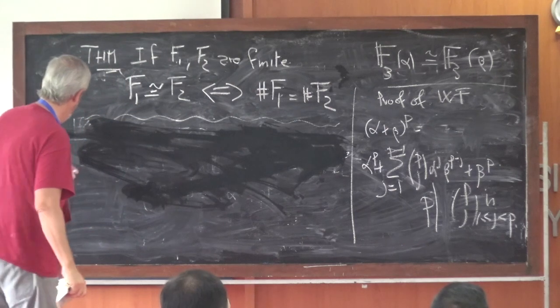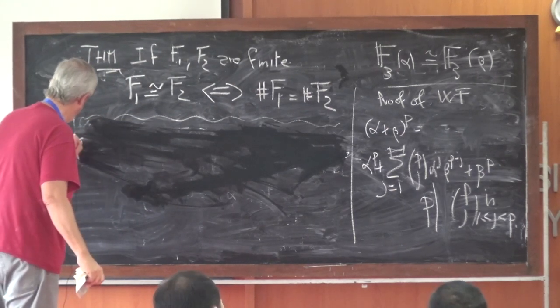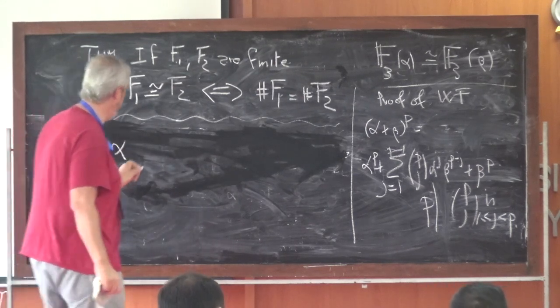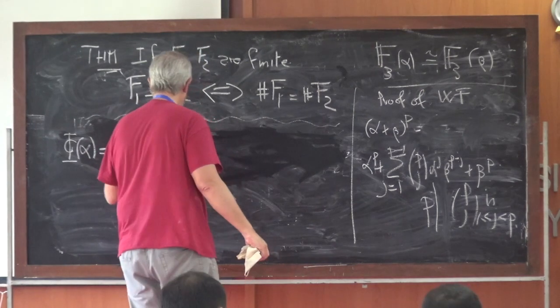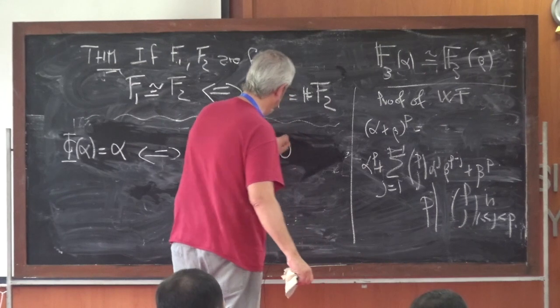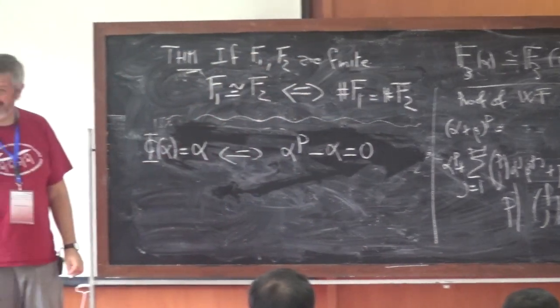So phi of alpha equal to alpha. Well, this means that alpha power p minus alpha is equal to 0, right? Because the Frobenius of alpha is alpha power p.